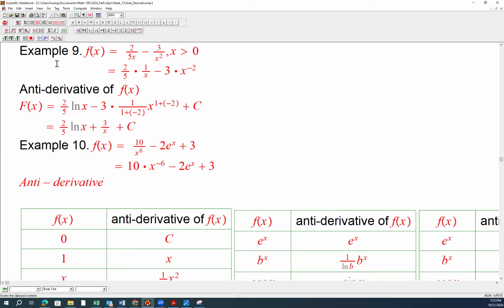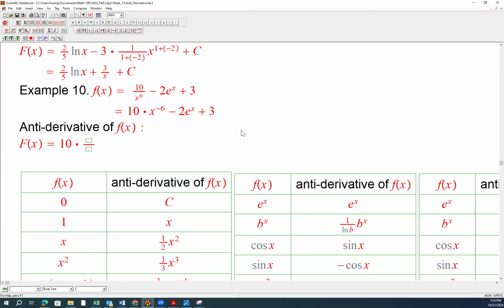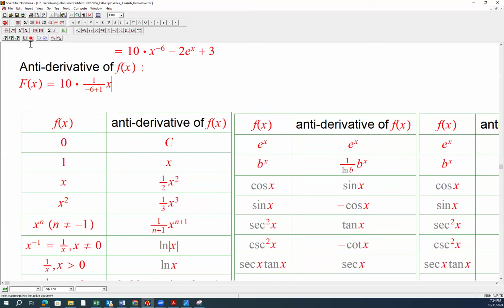Oh, sorry, why did I get that? Change the fonts of lowercase f would be capital F equals 10 multiplied by x raised to the power negative 6. We use the power rule, so you can see the power rule at work: 1 over negative 6 plus 1, x raised to the power of negative 6 plus 1.